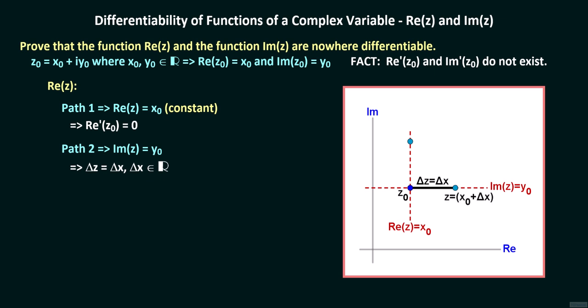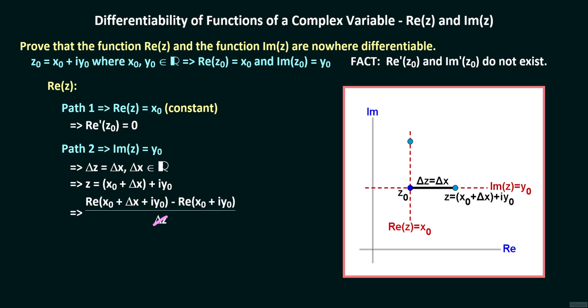So z equals x sub 0 plus delta x plus I times y sub 0. Therefore, the difference quotient is equal to the real part of x sub 0 plus delta x plus I times y sub 0, minus the real part of x sub 0 plus I times y sub 0, all over delta z, and delta z equals delta x.